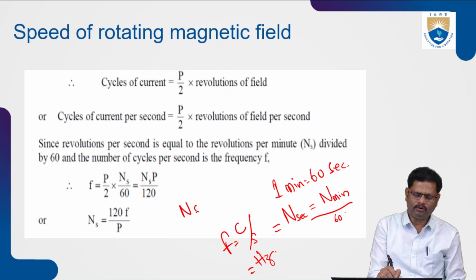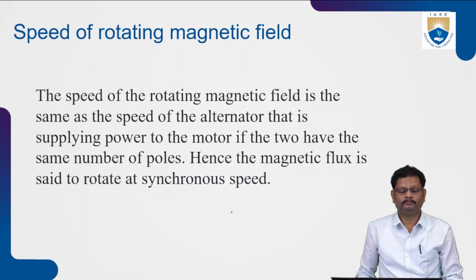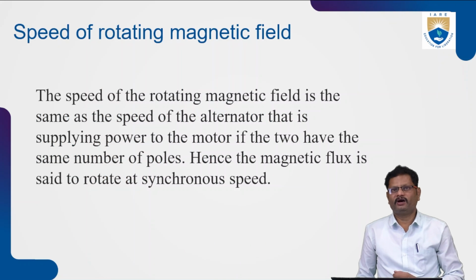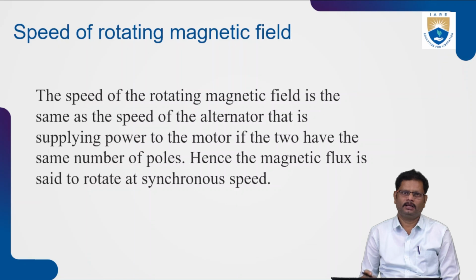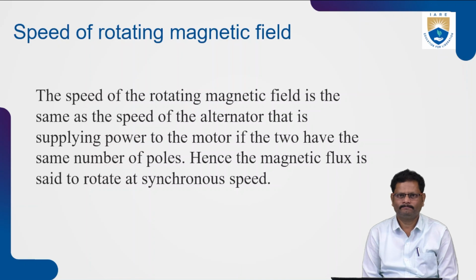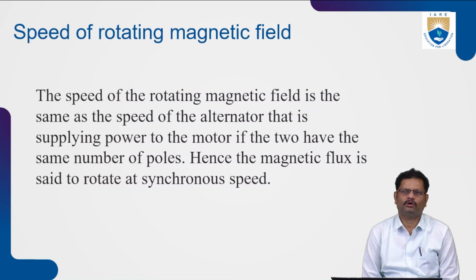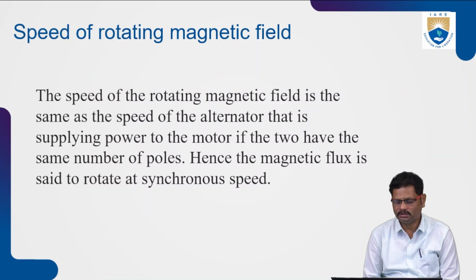Finally, Ns equals 120 f by p. So the speed of the rotating magnetic field is the same as the speed of the alternator that is applying power to the motor. If the two have the same number of poles, the magnetic flux is said to rotate at synchronous speed.